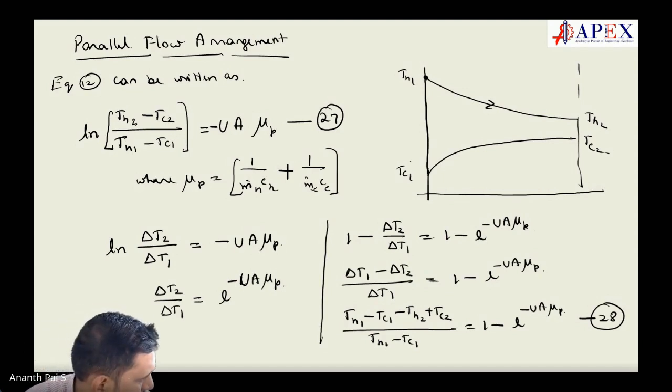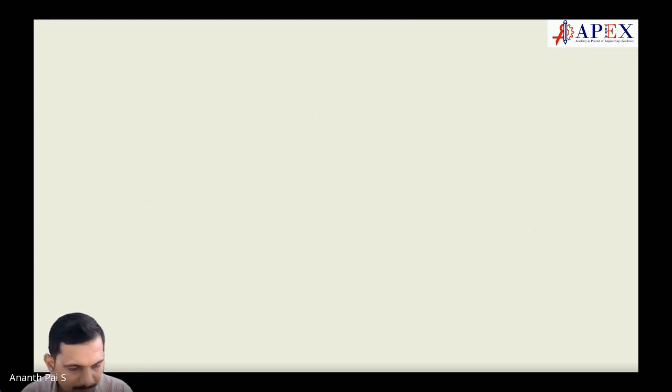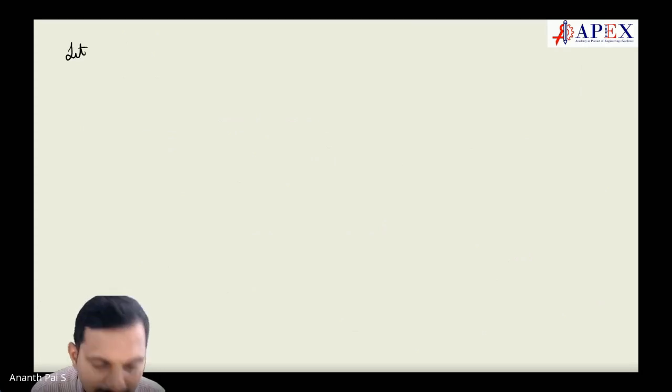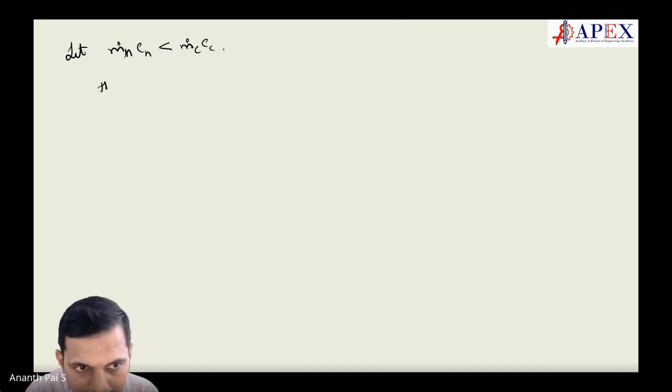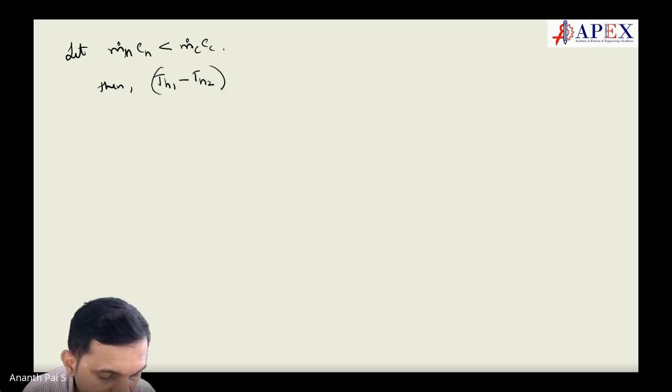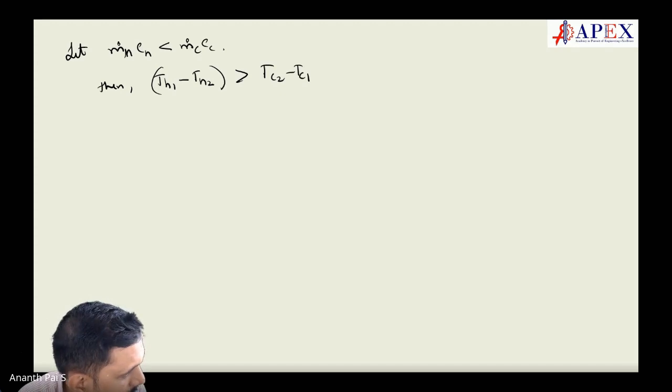Clear. Now if I consider what is epsilon, let's say m dot h Ch is less than m dot c Cc. Then Th1 minus Th2 would be greater than Tc2 minus Tc1. Correct.